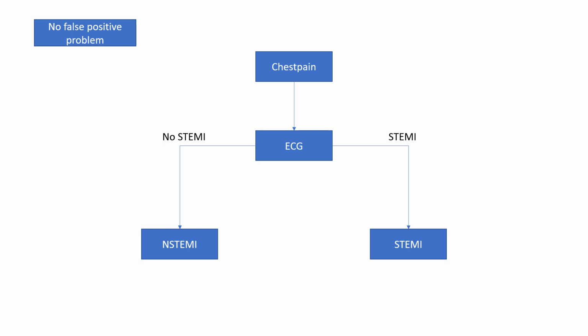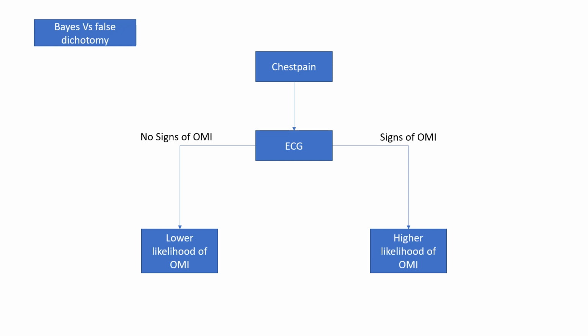Dr. Smith and others have made these studies that I've gone through in the other lectures, and it's really important that we see that 25% of these that we dichotomize as non-STEMIs should be having PCIs right away. All right.